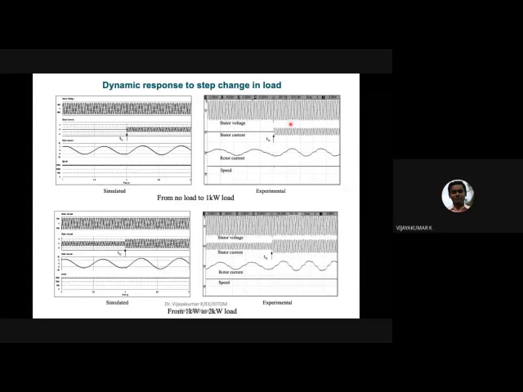So for that, we have done a step change in load, step change in input, and step change in reference. Then we observed these quantities experimentally and in simulation, compared them, and validated with the experimental results, right?